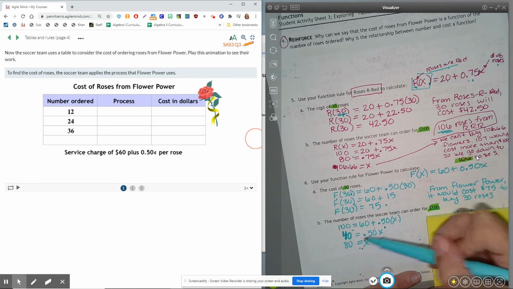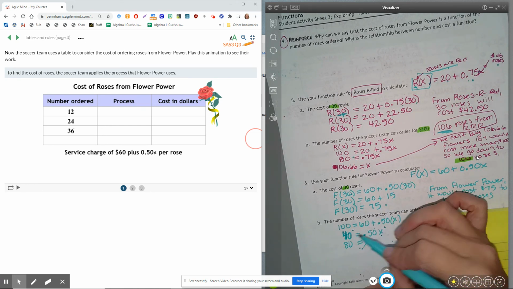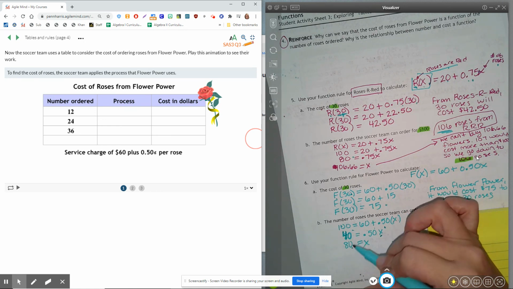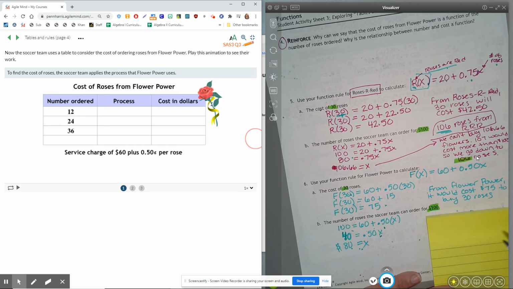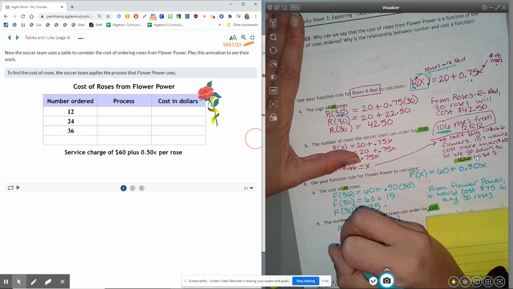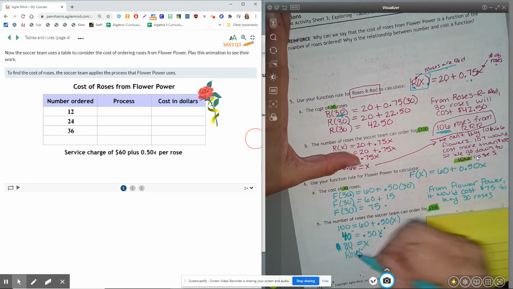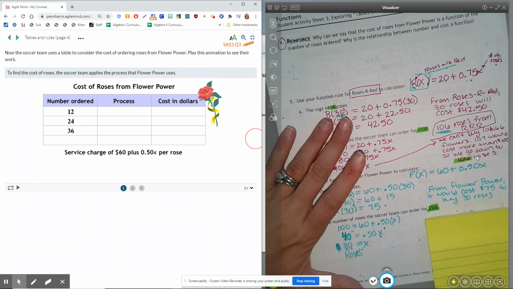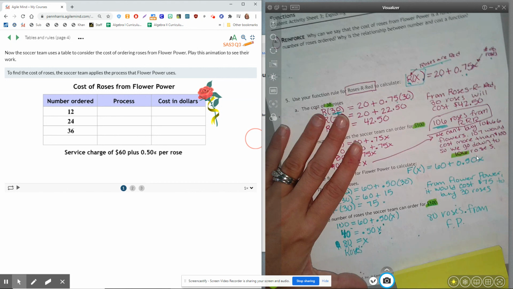Well, divide by 0.50, and we get 80. Sorry, not $80, that's 80 roses. See, we have to be careful about paying attention to our variables here, guys. So again, 80 roses from Flower Power is what we can buy with $100.